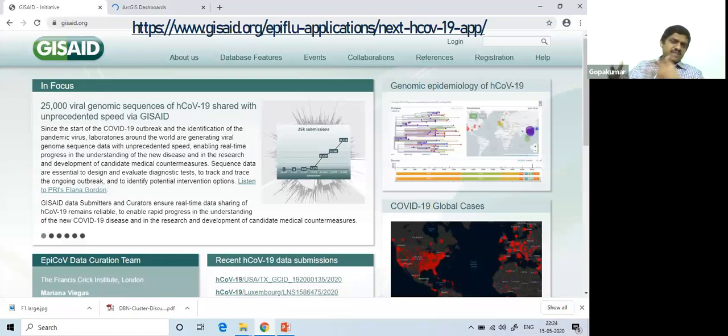Because many variations have happened due to mutation, and they can be collected together and put in a single repository. Okay, so if you go to this particular website, you can see that it will take some time to load.